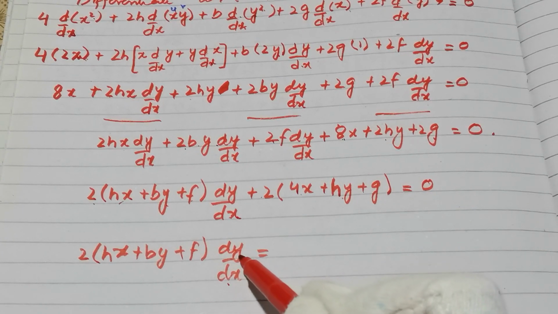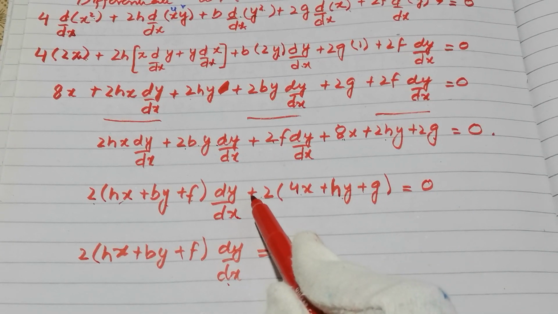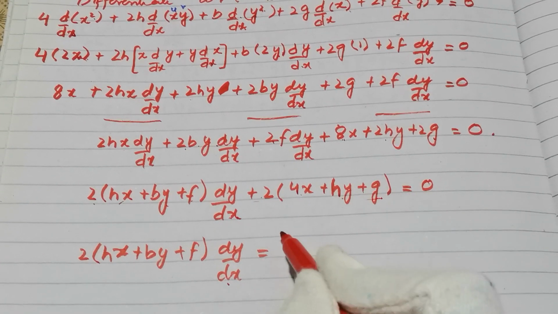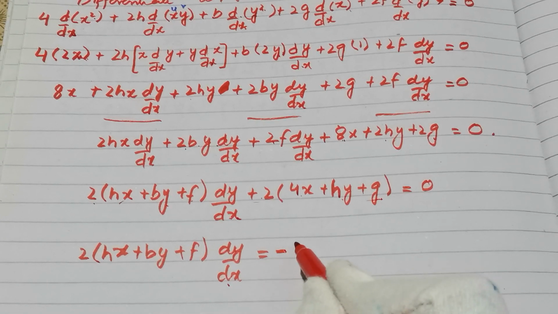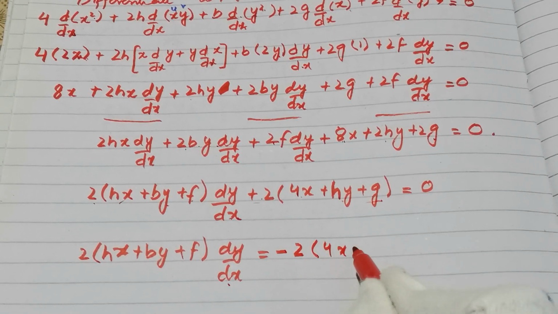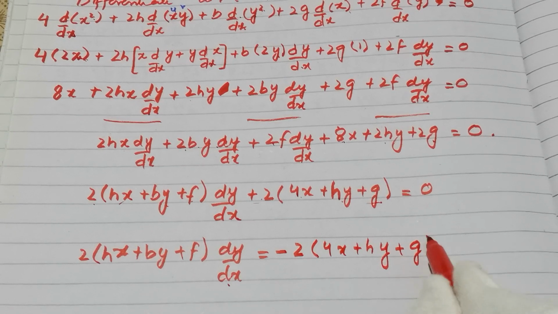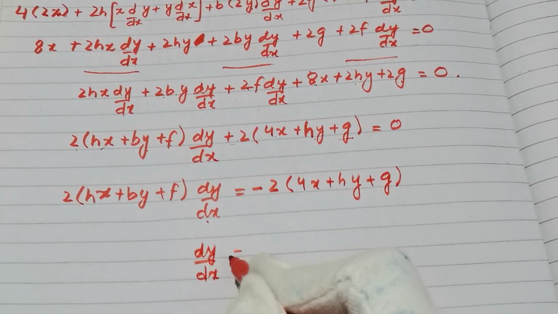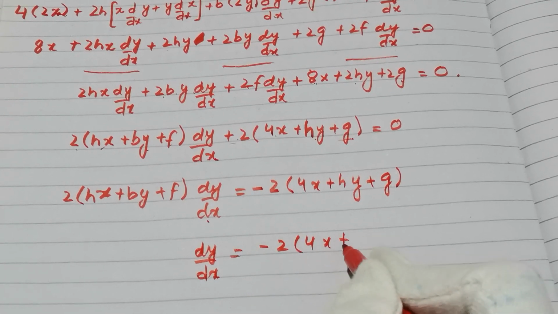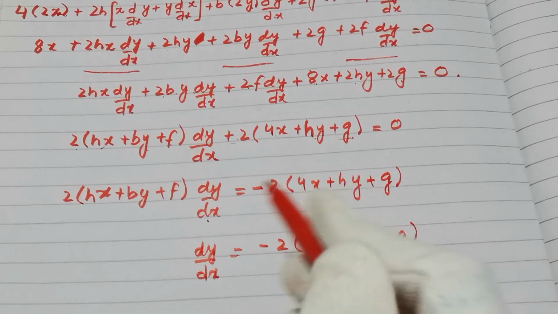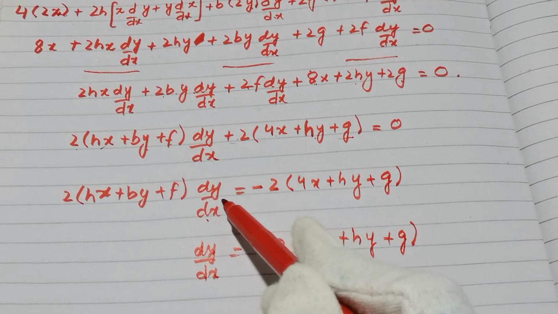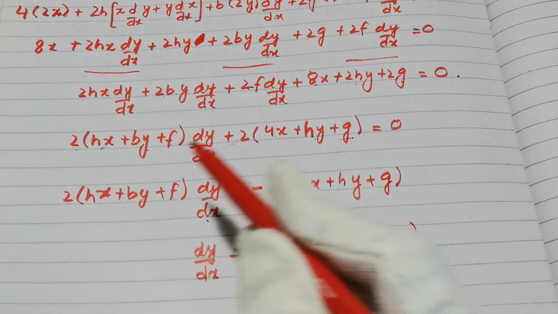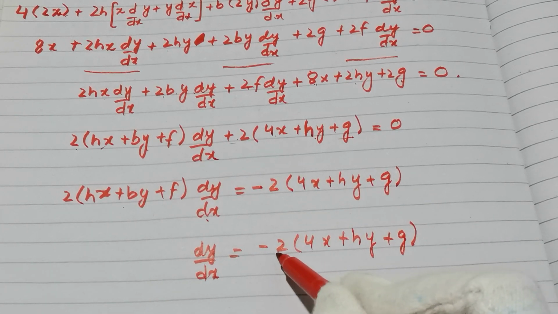Now we want to find the value of dy by dx, and there is no need of this term, so we'll take it to the right side. The positive sign will become a negative sign: minus 2 times 4x plus hy plus g. So dy by dx is equal to minus 2 times 4x plus hy plus g. This term is multiplied, and when we take it to the right side, the multiplied term becomes divided.